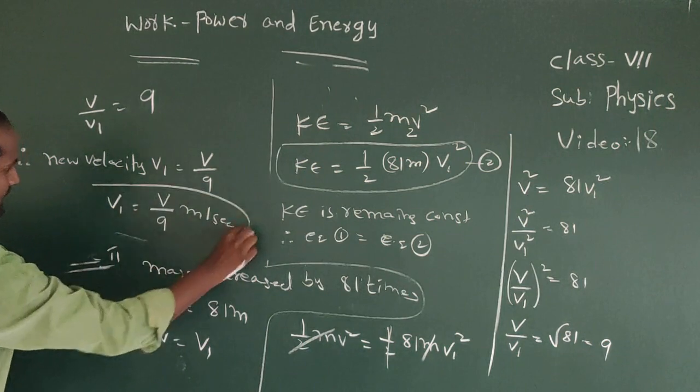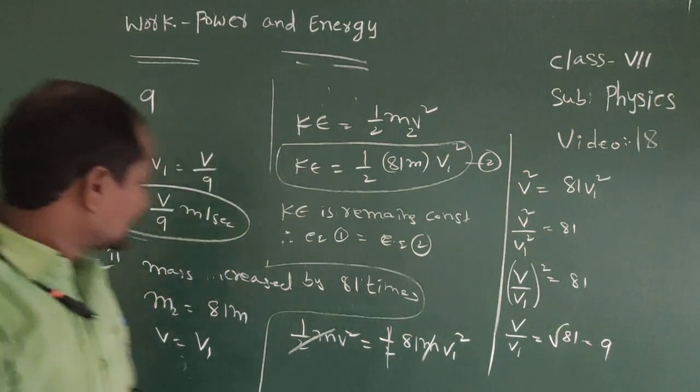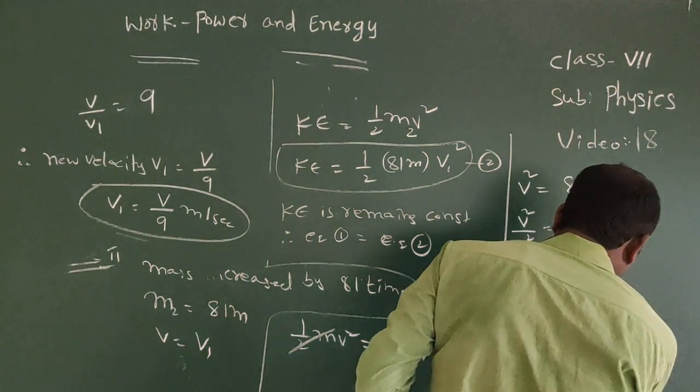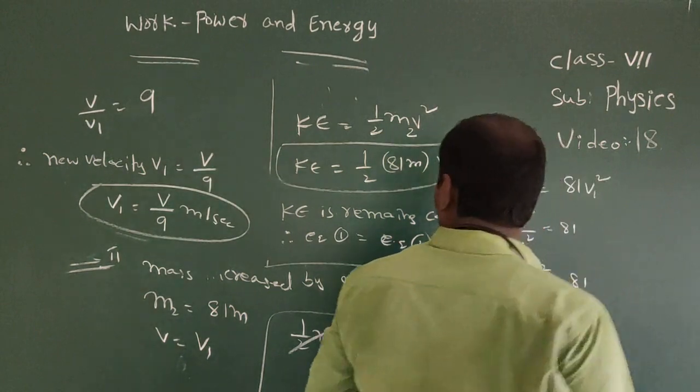It is the new velocity. New velocity equals v by 9 meter per second, since root 81 equals 9.